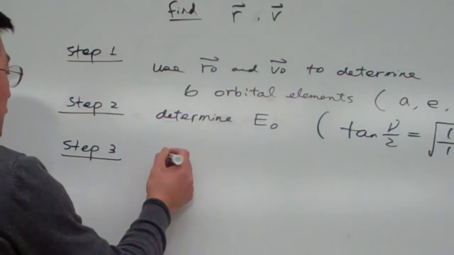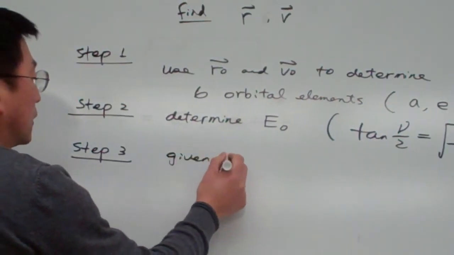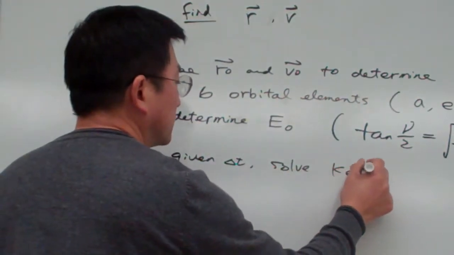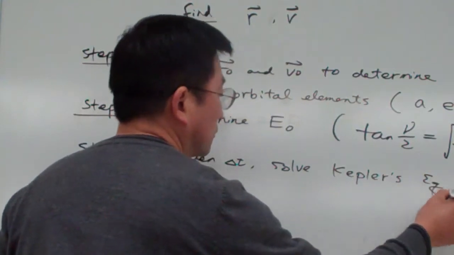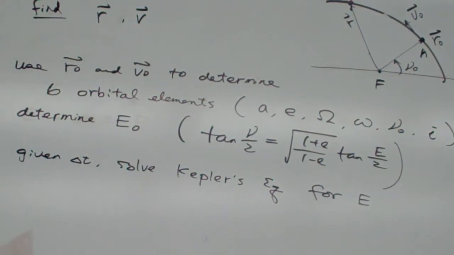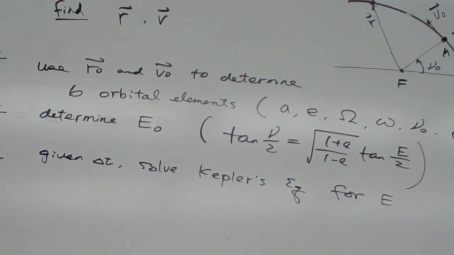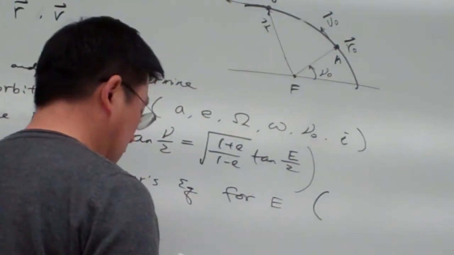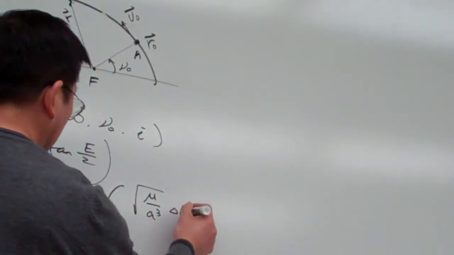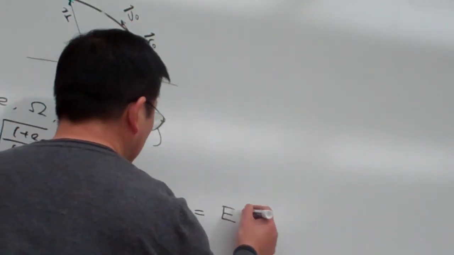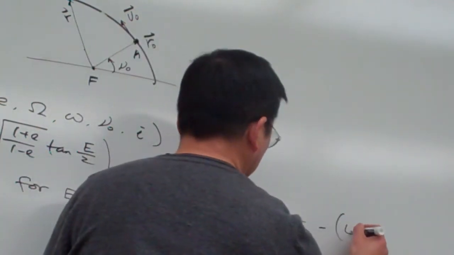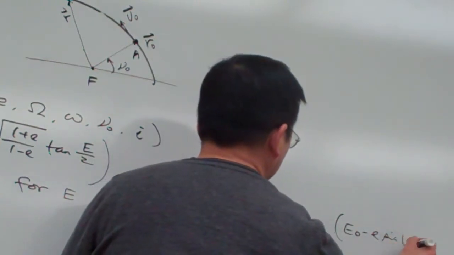Then the next one we want to progress to determine. Here we are given data delta t, then we solve Kepler's equation for E. What is Kepler's equation? It is again on the handout here. For example, using an elliptic orbit, delta t equals E minus e sine E, minus E0 minus e sine E0.